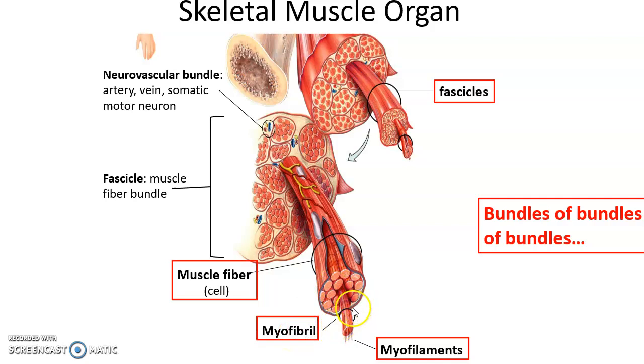And the myofibrils are made up of lots and lots of individual protein fibers called myofilaments. So bundles of myofilaments make up the myofibril. Bundles of myofibrils are found in a muscle fiber. Bundles of muscle fibers are found in a fascicle, and bundles of fascicles make up the muscle organ. Bundles of bundles of bundles.